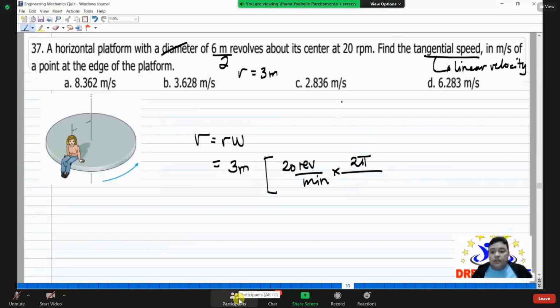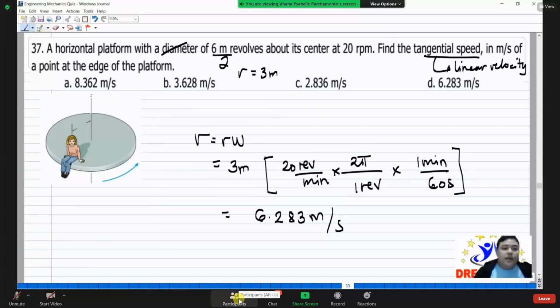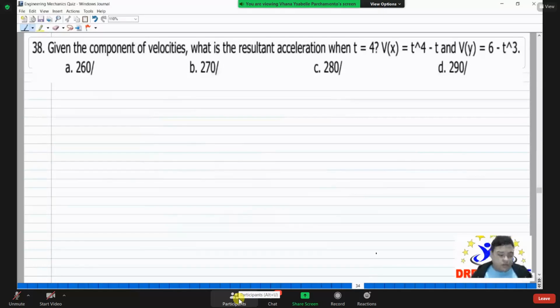So, this is unitless na kasi yung radians. All over 1 revolution multiplied by 1 minute is 60 seconds. So, makukuha natin dyan is 6.283 meters per second. Letter D. Direct substitution. Okay? Next, number 38.